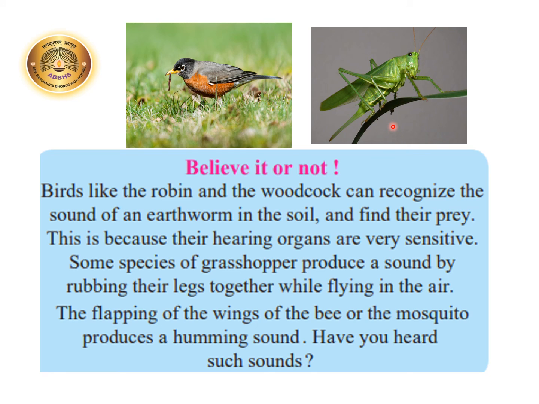Some species of grasshopper produce a sound by rubbing their legs together while flying in the air. The flapping of the wings of the bee or the mosquito produces a humming sound. Have you heard such sounds? If not, let's observe your surroundings. You will come to know.